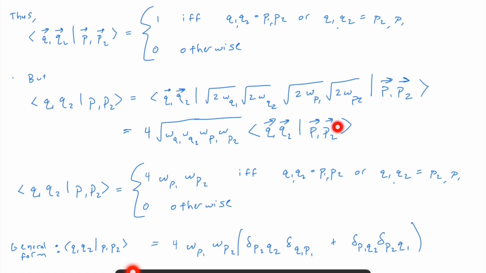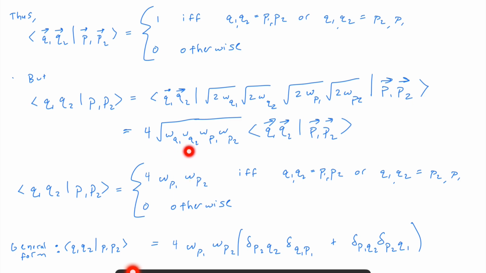And then this thing here, we've already calculated, so we just have this factor that multiplies by 1. So this is our final answer for this. The inner product of these two is not quite just 1 or 0. At least for these relativistically normalized states, I get 4 omega P1, omega P2 if these two states are identical, otherwise I get 0. And identical means this equals this, or this equals this, and then this equals this, or this equals that.